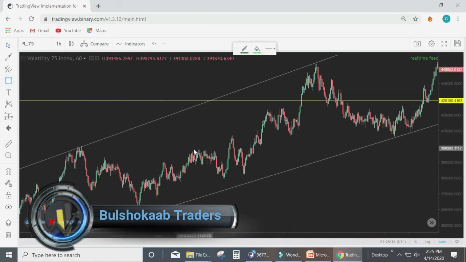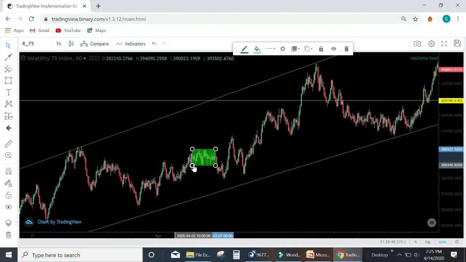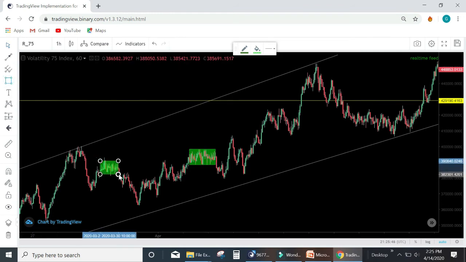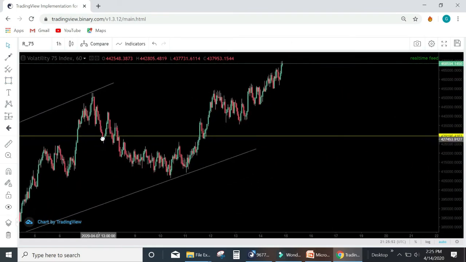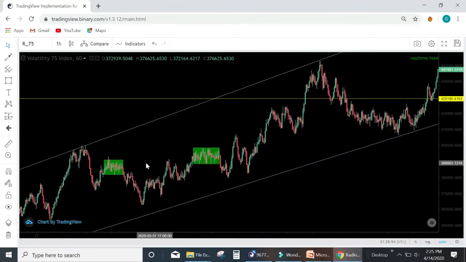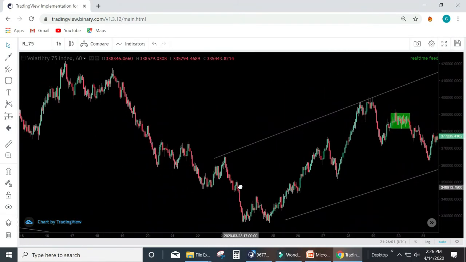Like here, the market was consolidating, and here the market was consolidating. No worries, you can understand. Anytime that the candles were the same, then you can recognize that the market was consolidating.